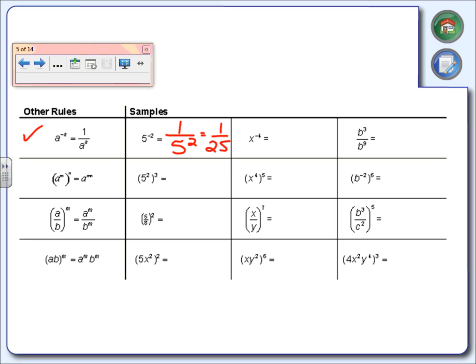So if we were to put in our calculator 5 to the negative 2 power, the calculator would give us 1 over 25. And that's what we end up with. X to the negative 4 power. Again, can't have a negative exponent, so we rewrite it as 1 over x to the positive 4th power. Never leave your monomials with negative exponents.